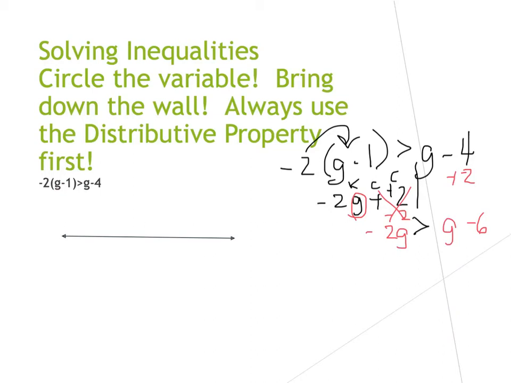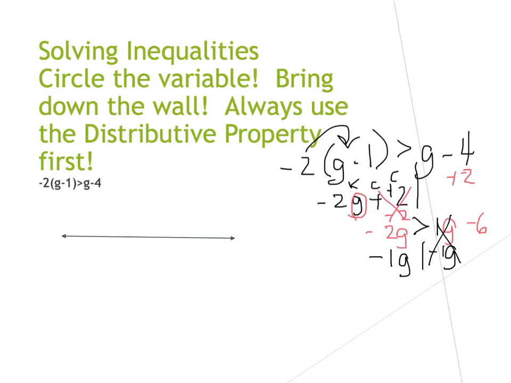And then this is where it differs. All right, I have a g on both sides, so I need to get all my g's on one side. Since this side is a positive g, I'm going to subtract that g, because that's like saying 1g. So over here I'm going to subtract 1g again. That cancels that out.